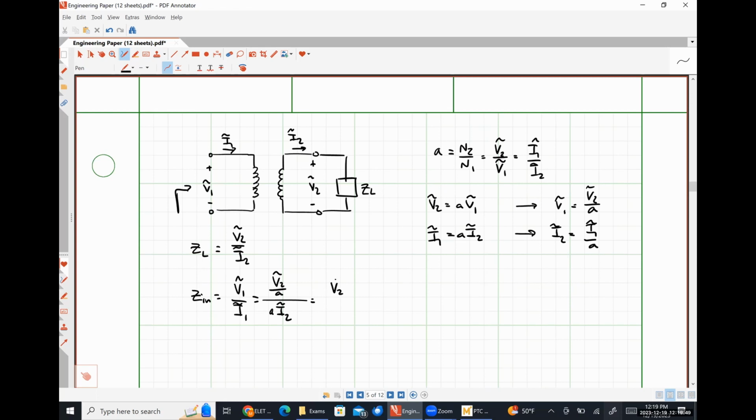So this is going to look like V2 over I2, times 1 over A squared, or ZL divided by A squared. So I was right. We divide by A squared.